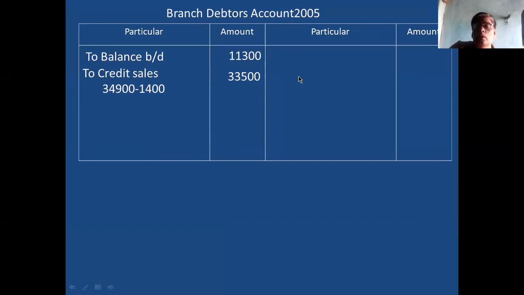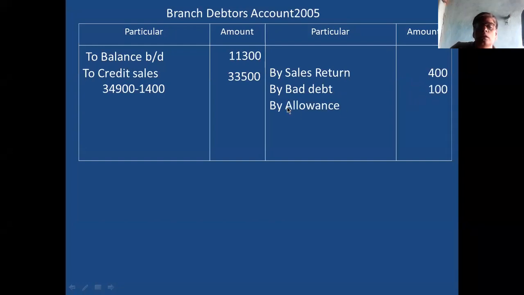Then whatever items are related to the debtors account, you take them. That is sales return, you take sales return 400. Then you take bad debt 100. Then allowance 450.